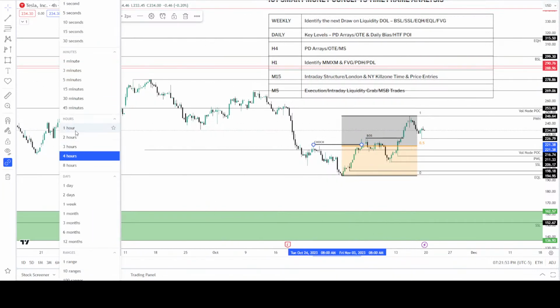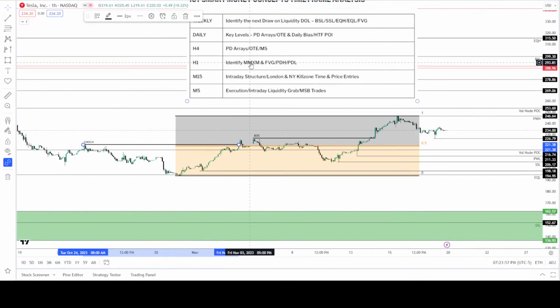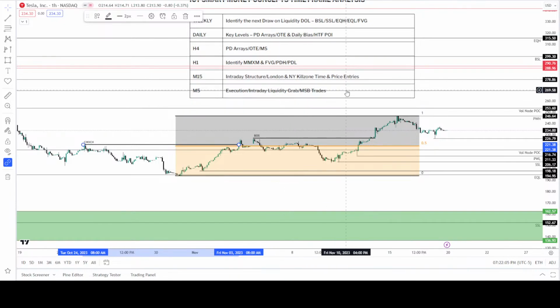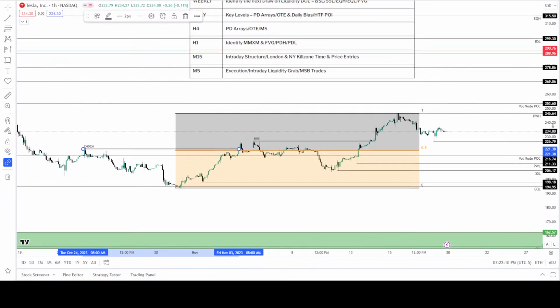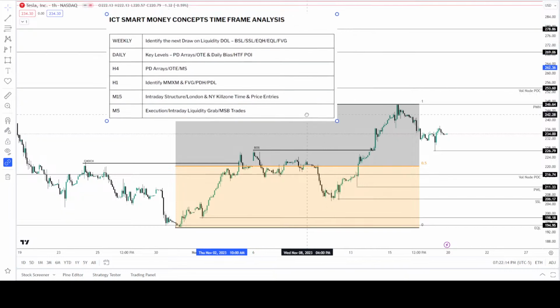So then we'll drop down to the 1-hour time frame, and we're looking for market maker buy, market maker sell model. And then we're also looking at fair value gaps, previous day high, previous day low. And so let's see what we got here. I'll blow it up a little bit so we can see it better.